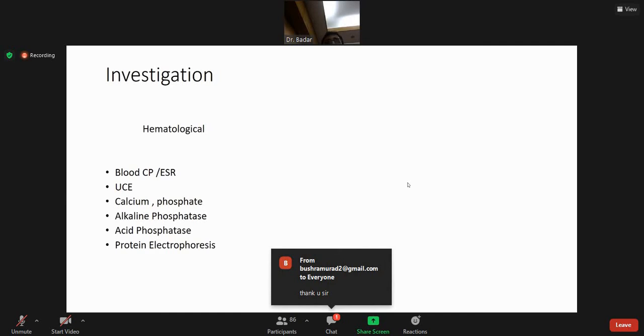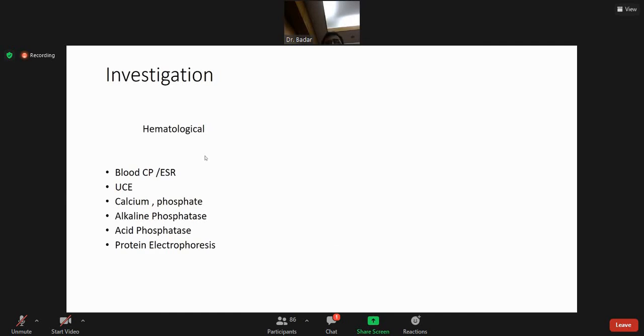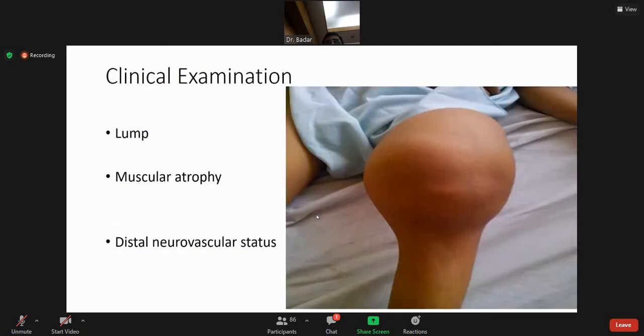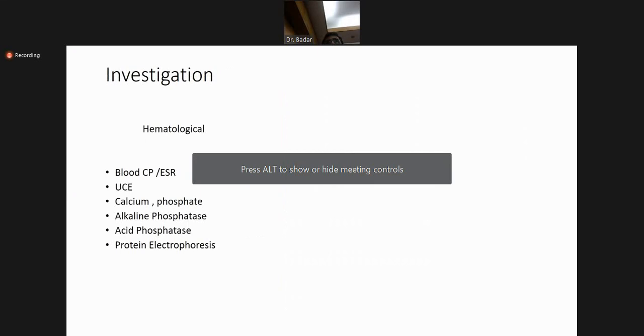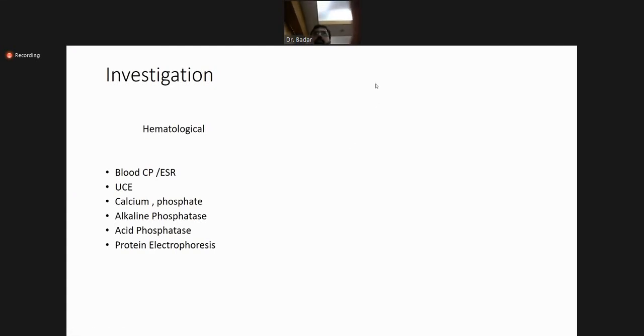So then you need to do the clinical examination of the lump, and after that you want to do the investigations.